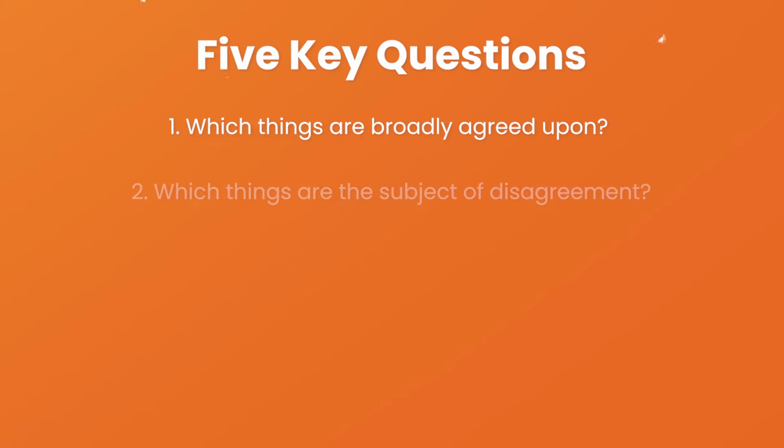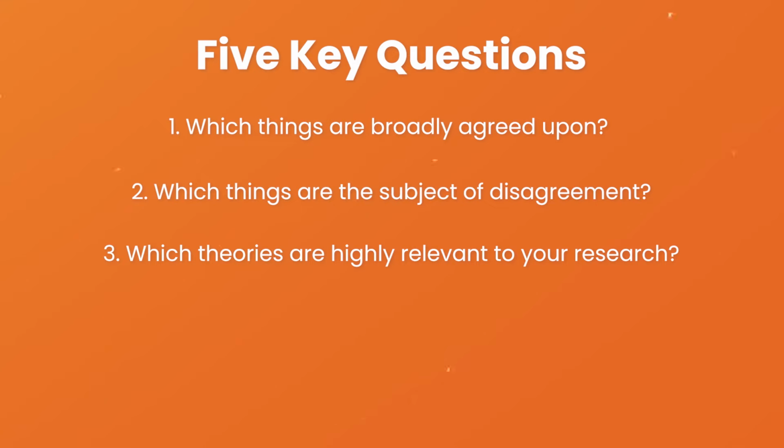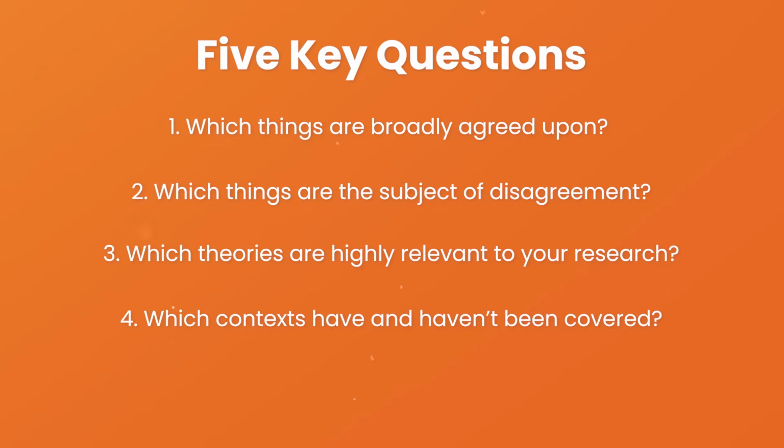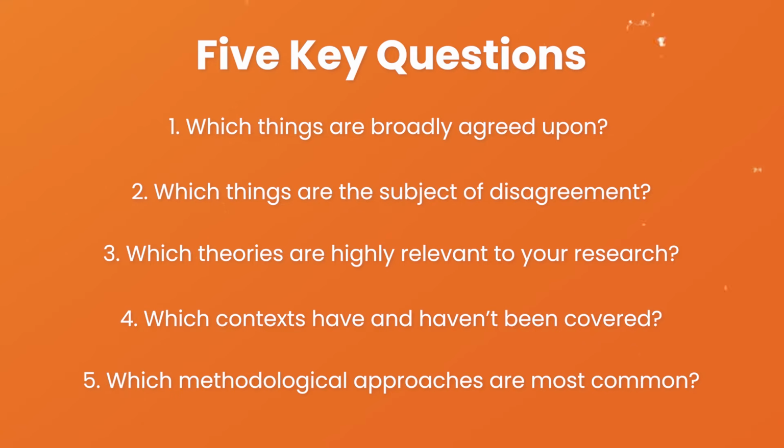To recap, these are: 1, which things are broadly agreed upon within the current research; 2, which things are the subject of disagreement or at least present mixed findings; 3, which theories seem to be central to your research topic and how do they relate to or compare to each other; 4, which contexts have and haven't been covered within the existing empirical research; and 5, which methodological approaches are most common.